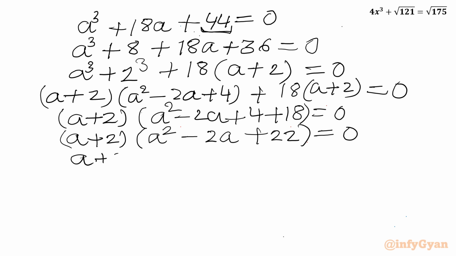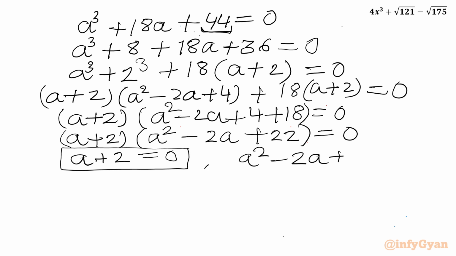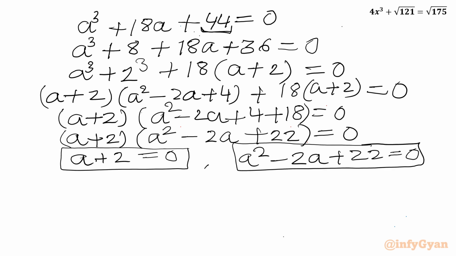Conclusion from here, we can write a plus 2 will be equal to 0, or we can write this quadratic a square minus 2a plus 22 equal to 0. Now I will solve this quadratic first. So I will check the value of the discriminant only.